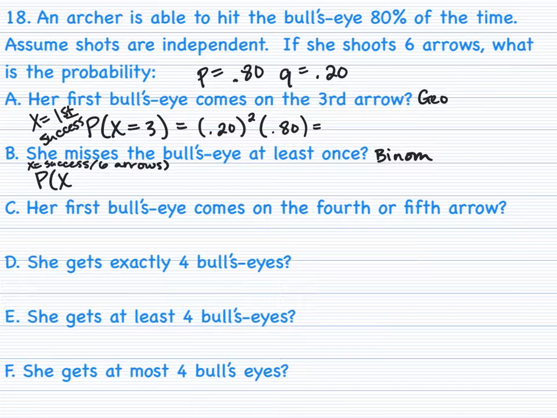I should say bullseyes out of 6. So the probability that she misses at least once. Oh, maybe I want to change that. In this case, I'm going to make X non-bullseye out of 6. Wow, I can't manage to do anything right now.